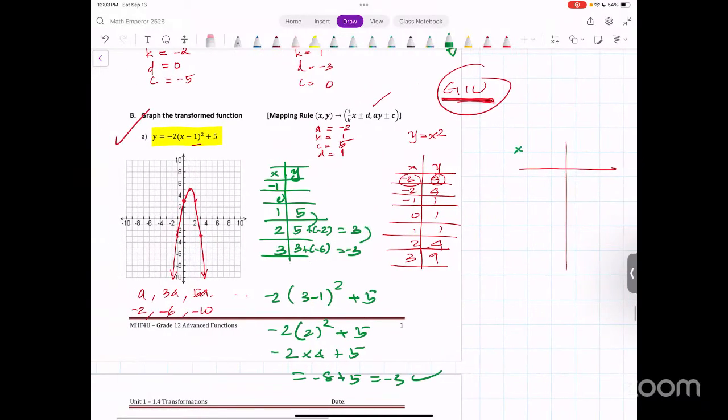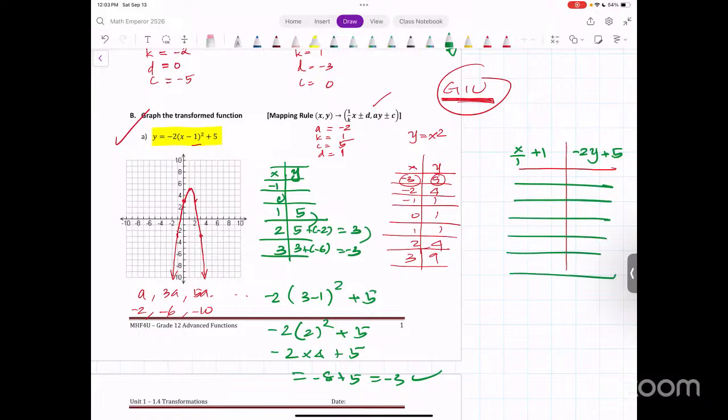Okay, x over k is 1 plus d. The d is plus 1. A y minus 2y plus c is 5. Let's see why that point doesn't match here. I'm going to check that in a moment. So if I do -3 plus 1, -2. Then -3 squared is going to be 9.